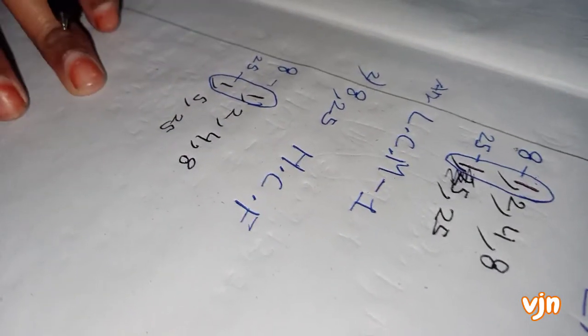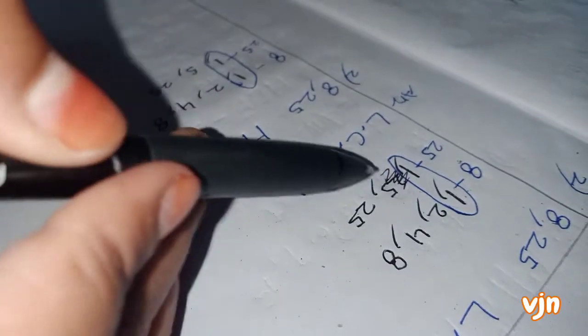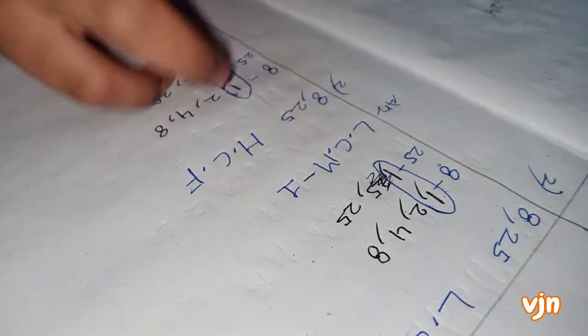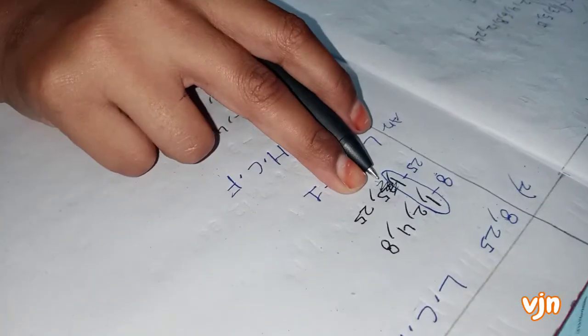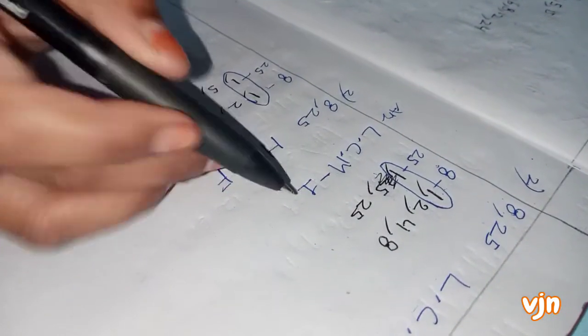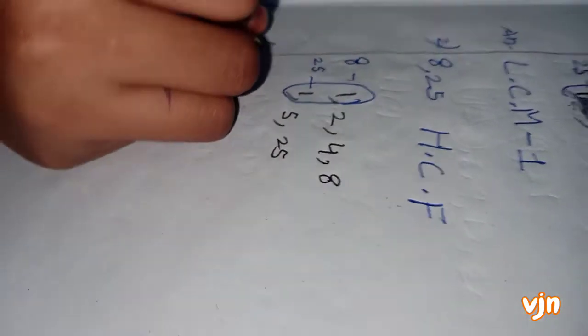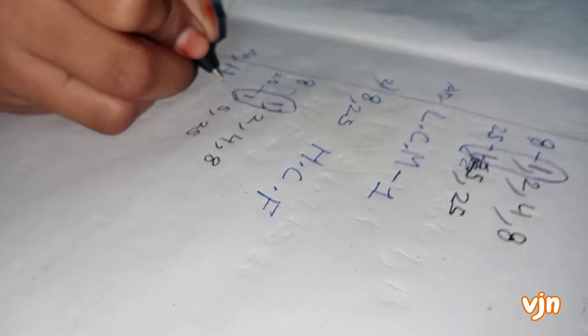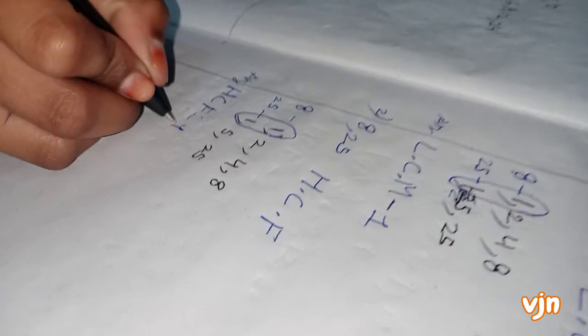So this is how it works. And one more thing guys, if anything is different, like we get 1 by 1 and 2 by 2, like in 25 also if 2 comes, you could do that, and the lowest common factor is then 1. But in HCF, if 2 and 2 match together, the 2 will be the HCF. But there's no other common factor here except for 1. So the HCF of 8 and 25 is 1.